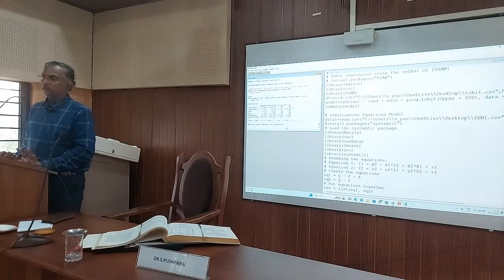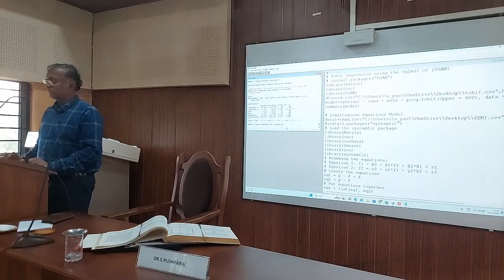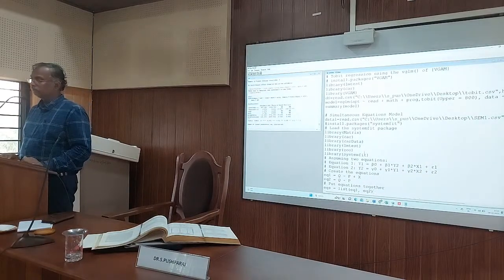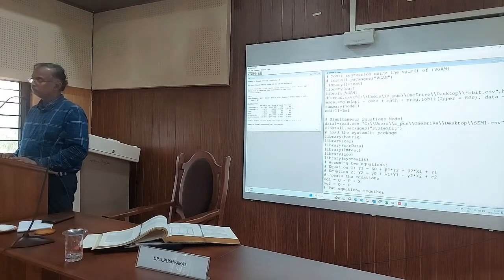So it is like your ordinary least squares only. Now we can check with ordinary least squares. The same can be run with ordinary least squares. We can put this on.